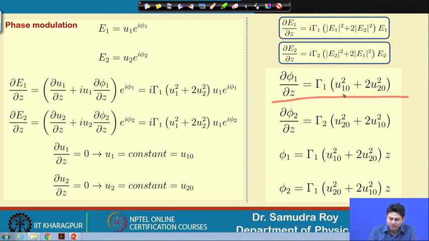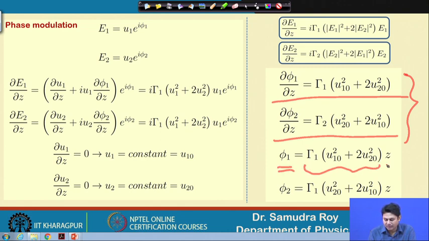That is why I write u1 0 square, 2 u2 0 square, and phi 2 is gamma 2 u2 square u2 0 square plus 2 u1 0 square of that. So, we have a differential equation of phi, and if we solve it, and it is non-zero obviously, we find that phi 1 is this quantity which is a constant multiplied by z. So, that means phi 1 will change linearly with respect to z.